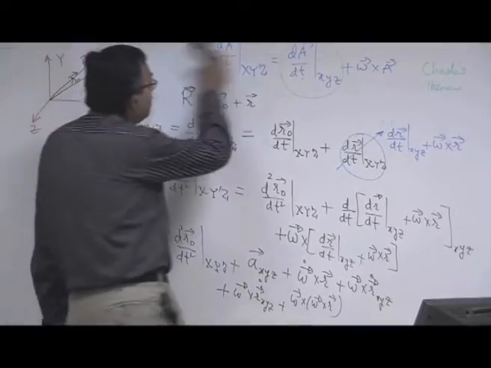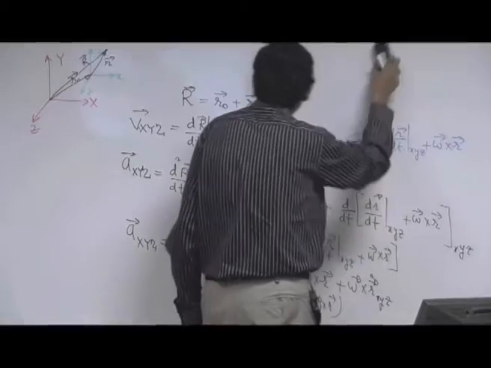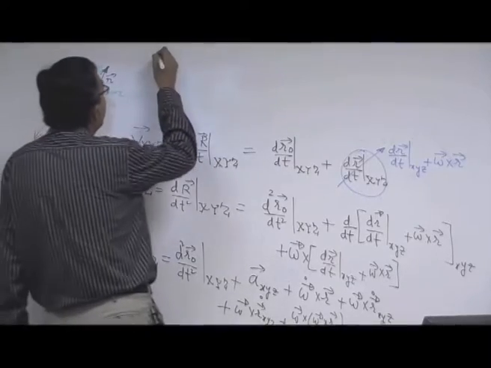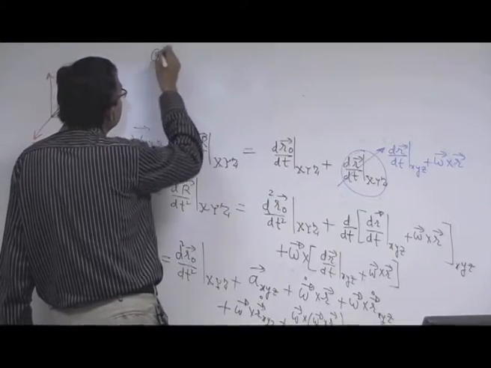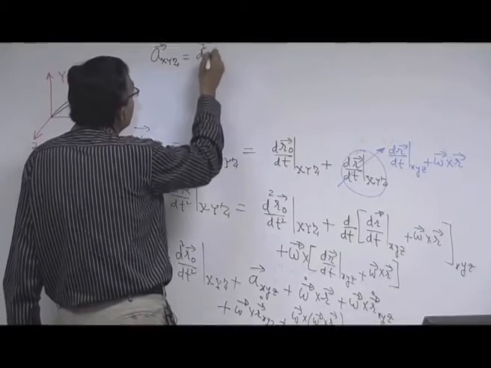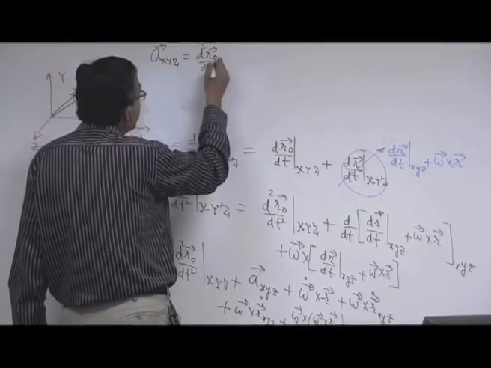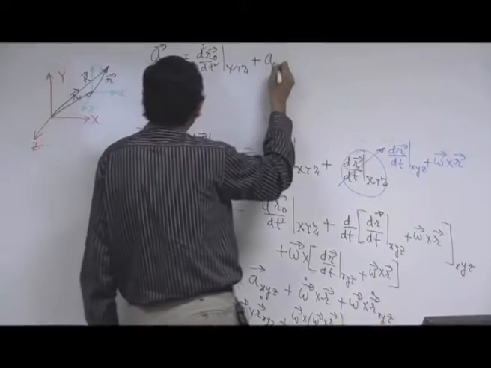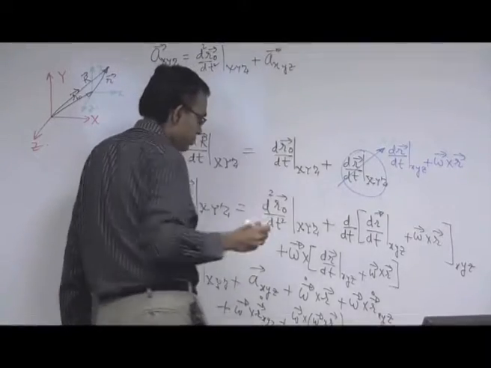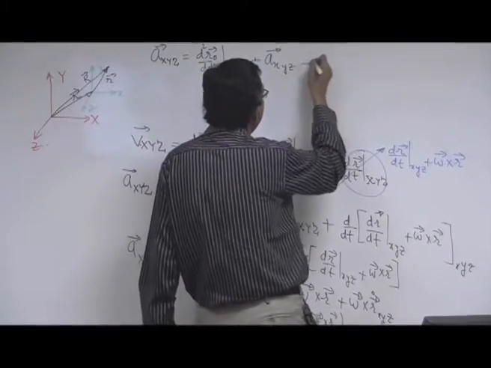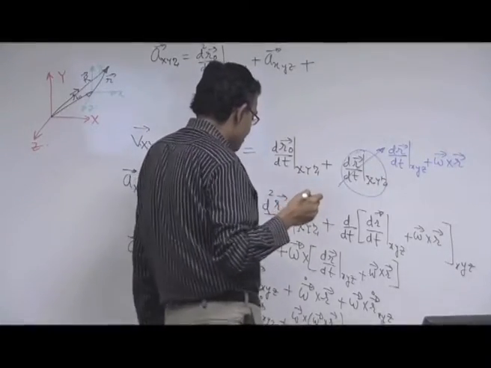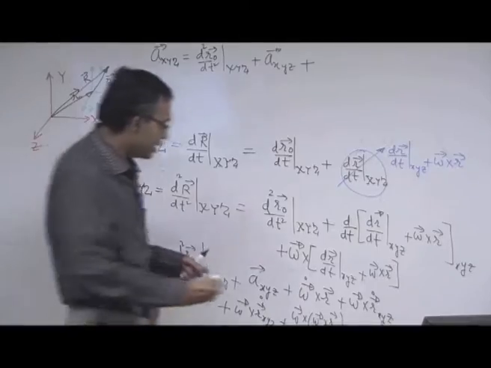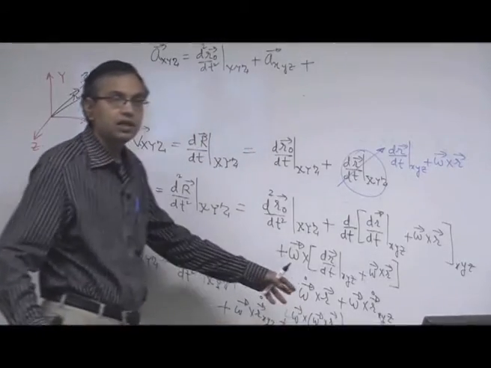So let us clean it up and write at the top of the board. A in capital XYZ is equal to d²R0/dt² in capital XYZ, plus A in small xyz, plus, let us first write omega cross omega cross r, because it is the well understood centripetal acceleration term.